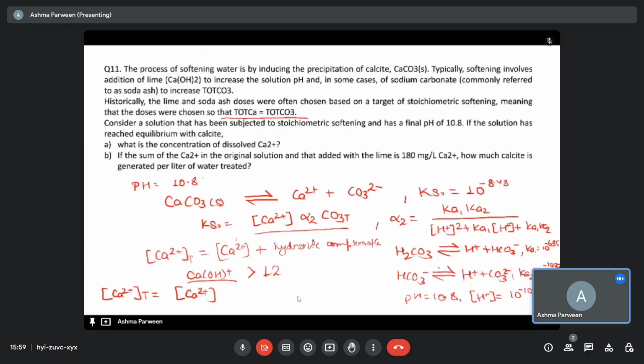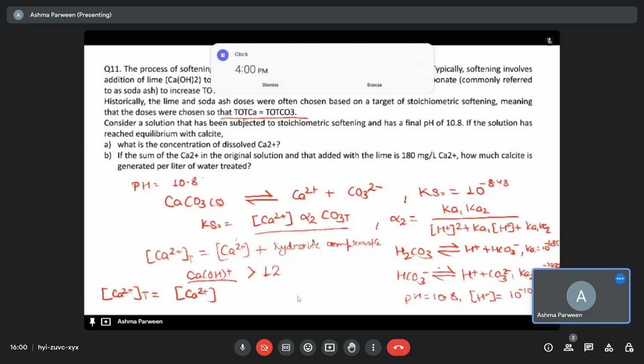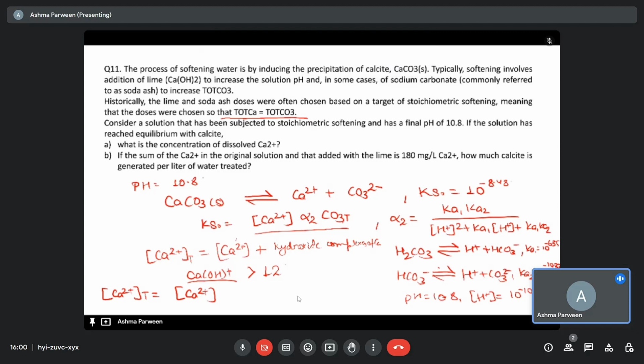So what is the concentration of dissolved calcium? It is 6.69 into 10 raised to power minus 5 molar. And the next part is: if the sum of calcium in the original solution and that added with the lime is 180 milligrams per liter, we have to find out how much calcite, that is CaCO3, is generated per liter of water treated.